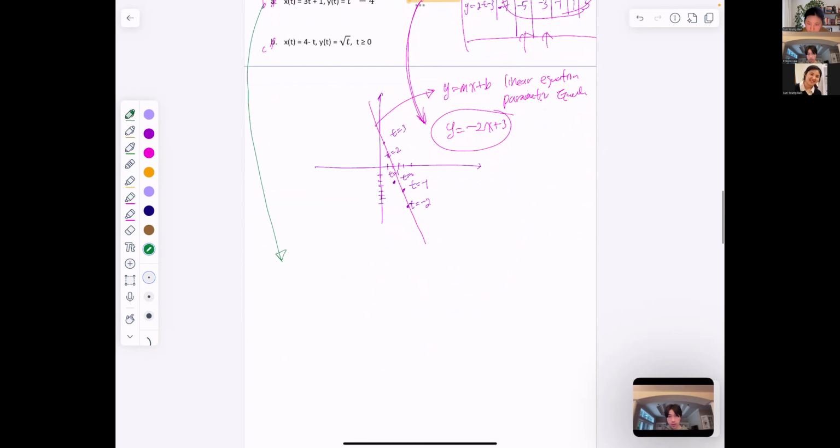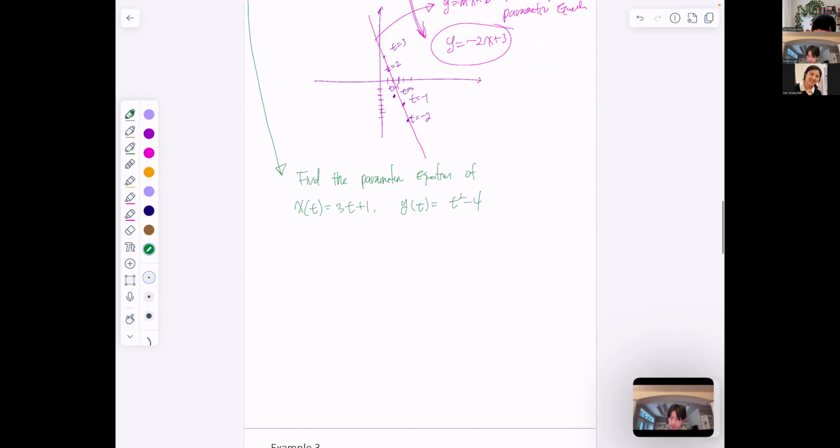So we're going to find the parametric equation of the function: x of t equals 3t plus 1, y of t equals t squared minus 4.